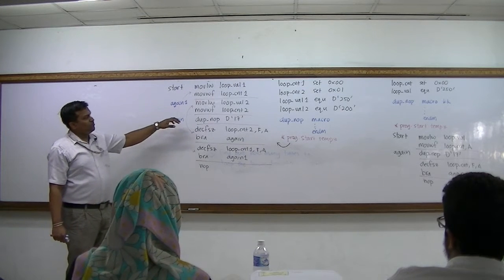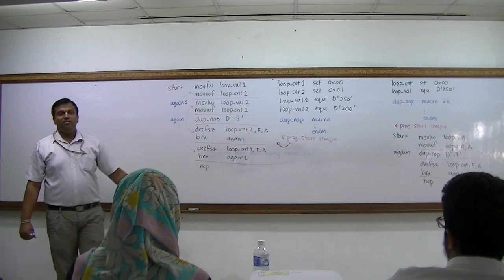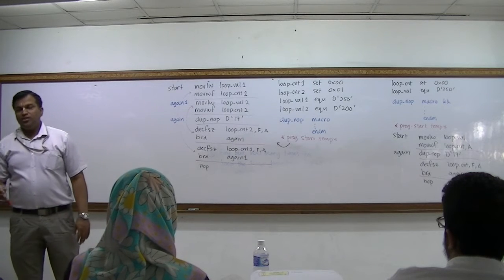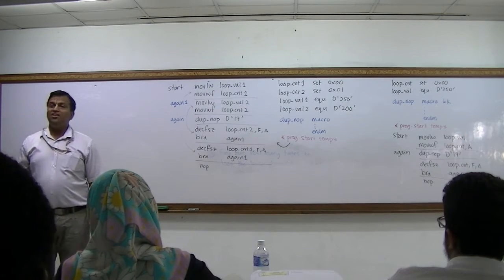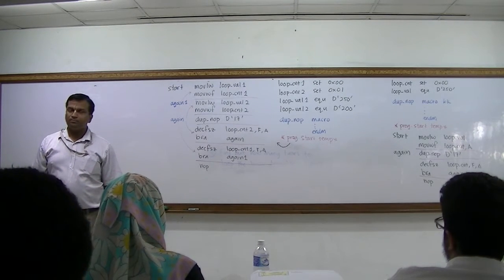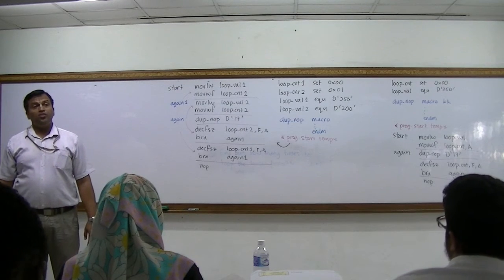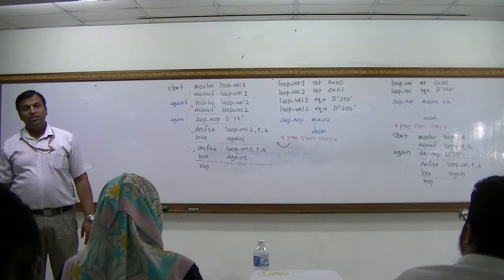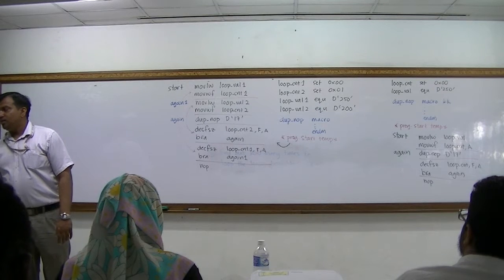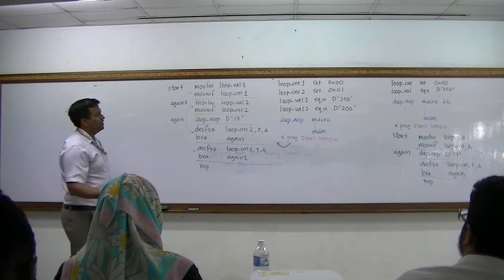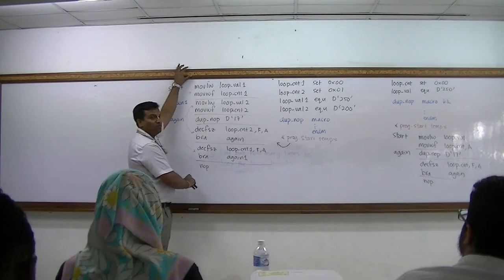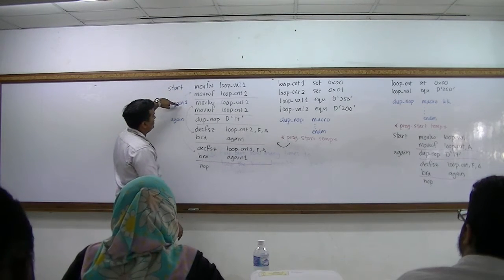So always remember, if you get some value, then you divide it by 250, and again you get a value which is larger than 255, you divide it by 255 again. If you need one more time, you need to have another loop. The principle is the same.